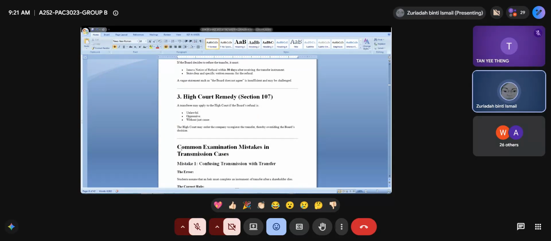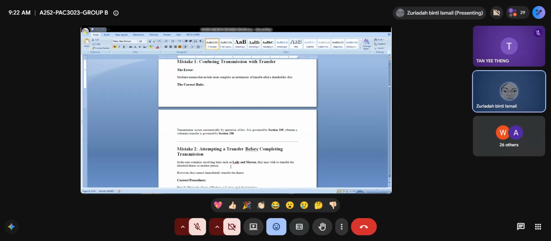This is another common mistake: confusing transmission and transfer. Number 2 is attempting the transfer before completing transmission.